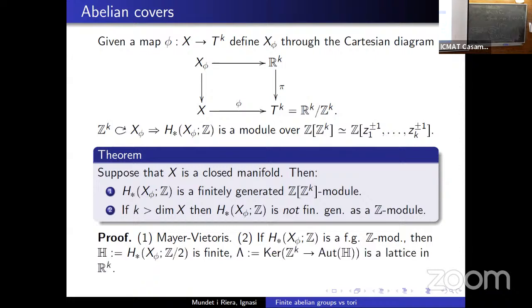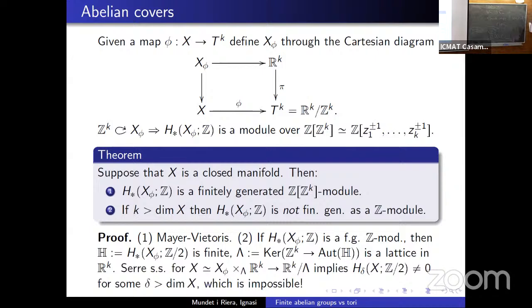And then the induced action of Z^k on the homology with finite coefficients, the monodromy, will have a kernel which will be a lattice inside R^k, because it will have finite index inside Z^k.